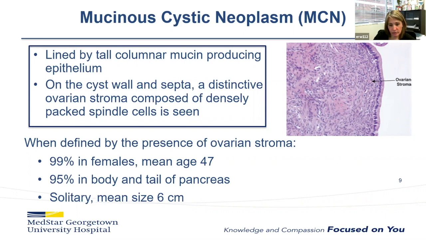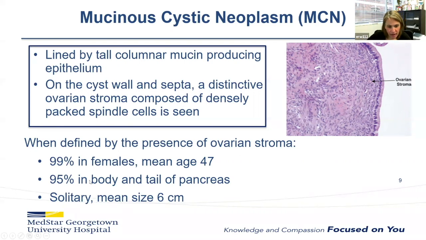And the ovarian stroma is the pathognomonic feature, and is a really important thing to discuss with pathology when you're thinking about the diagnosis of MCN. When strictly defined, or I would say properly defined at this point, now that this is the pathologic definition of MCN, this is overwhelmingly a disease in women.